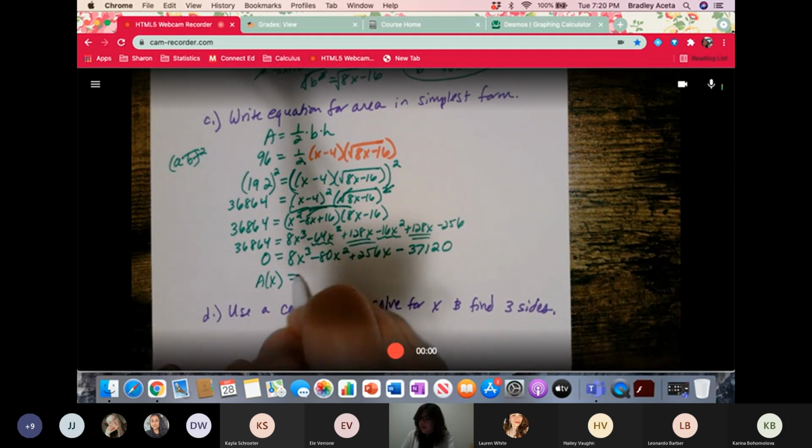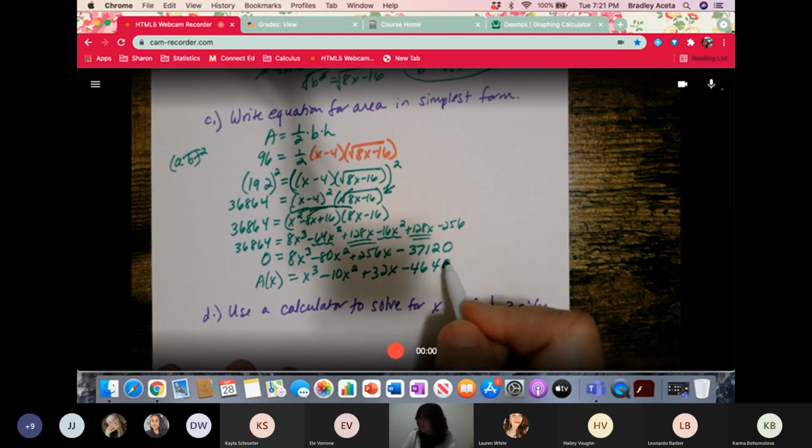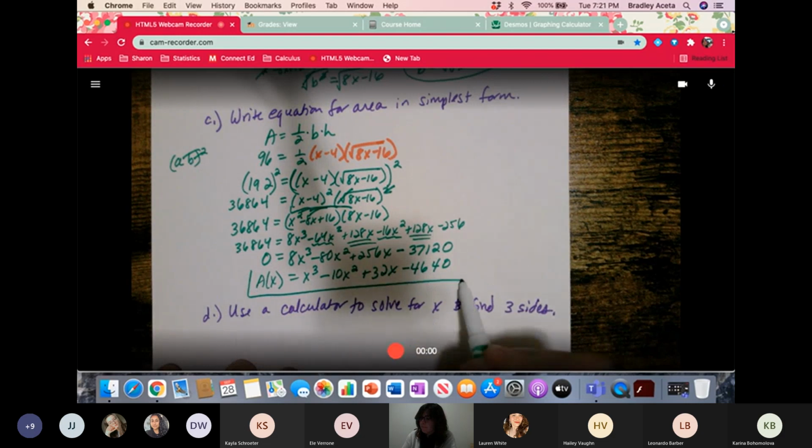So if you divided this by 8, you would get x cubed, minus 10x squared, plus 32x, and 37,120 divided by 8 is 4,640. That is the simplest form of that right triangle equation. Sheesh. It's a lot of multiplying.